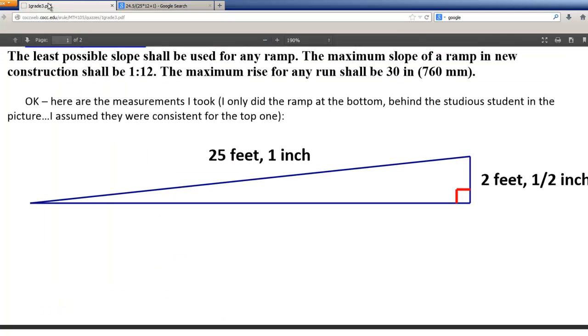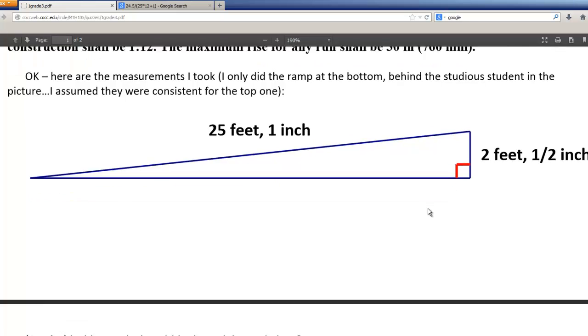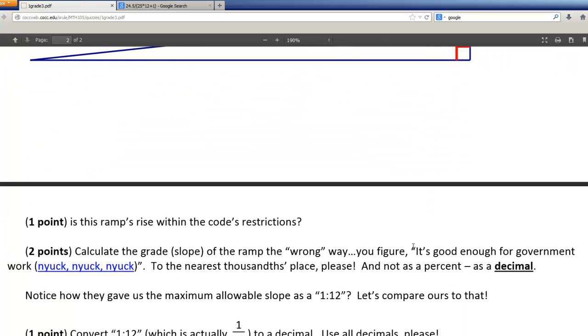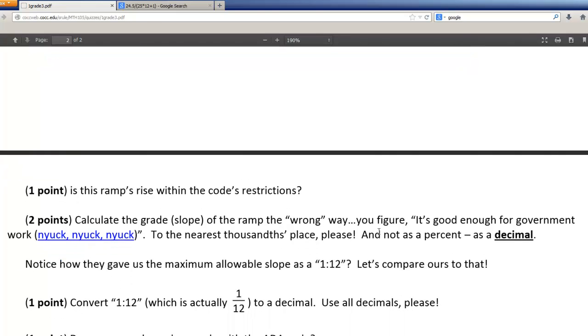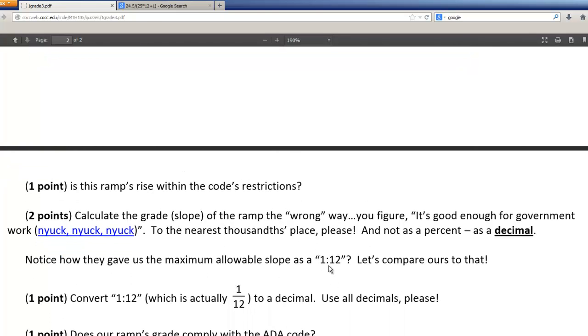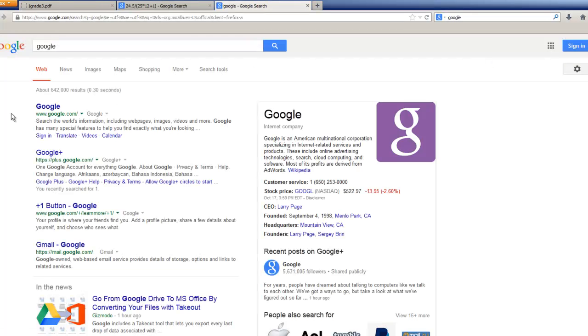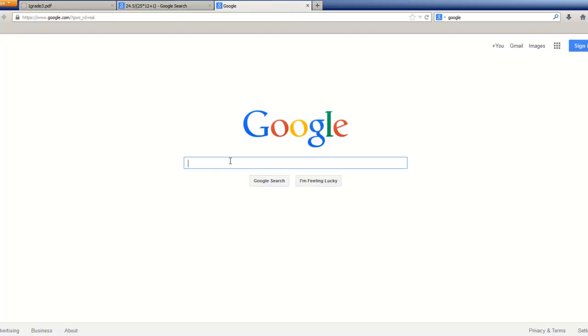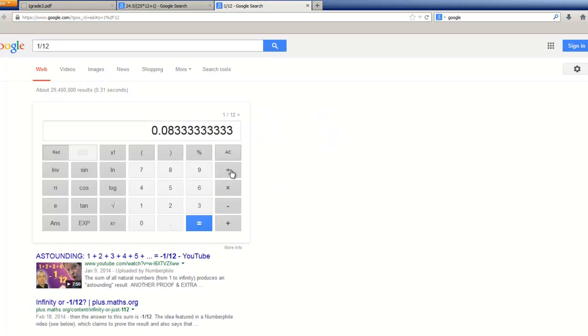Let's see how that ties in. Notice they gave us a maximum allowable slope of 1 in 12. Let's compare ours to that, so we have to convert it to a decimal. 1/12 is 0.083 repeating.